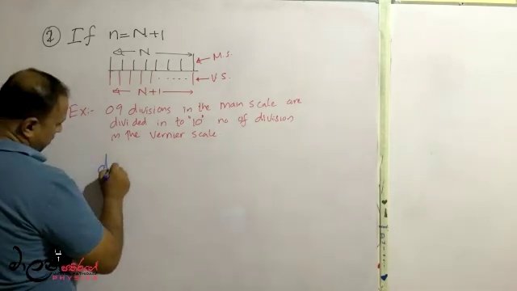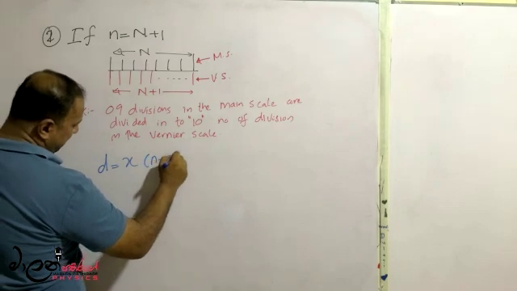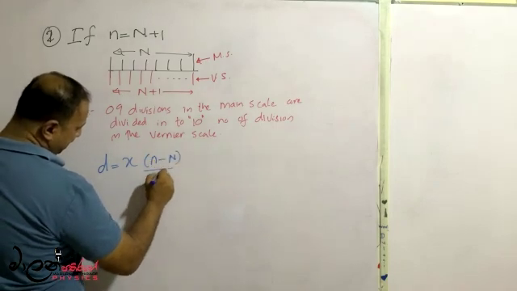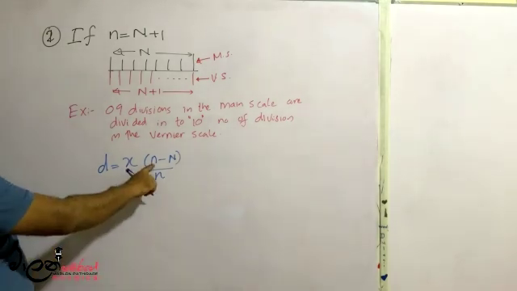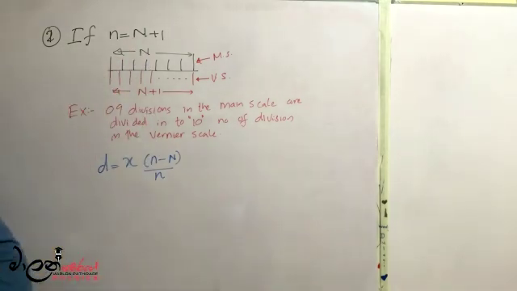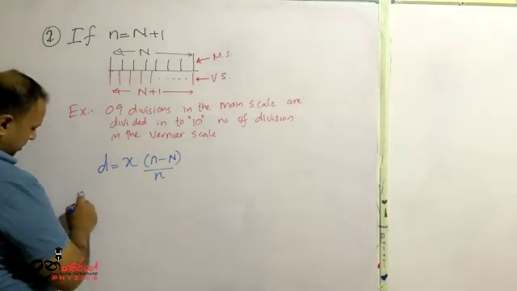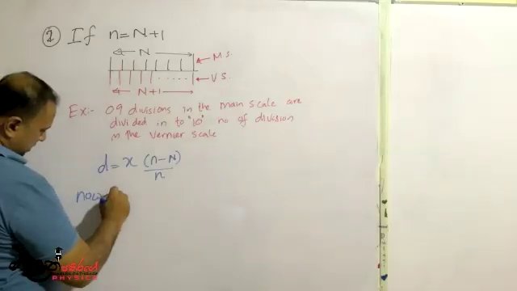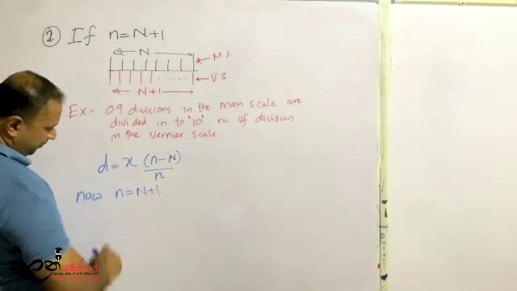So this is equal to x times simple n minus capital N over simple n. Now n is equal to capital N plus 1.